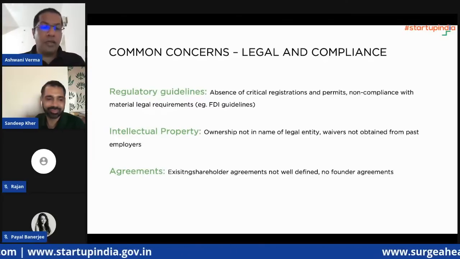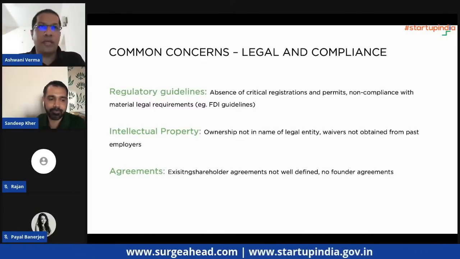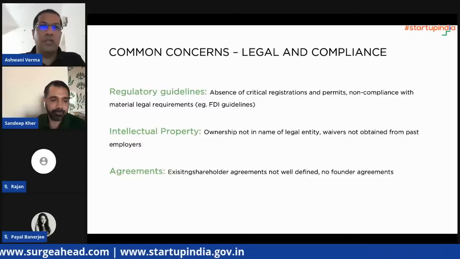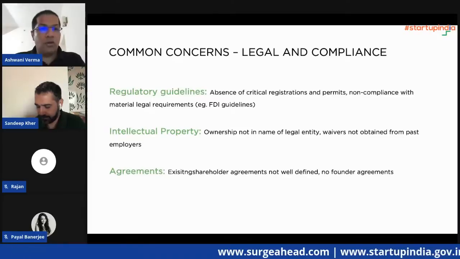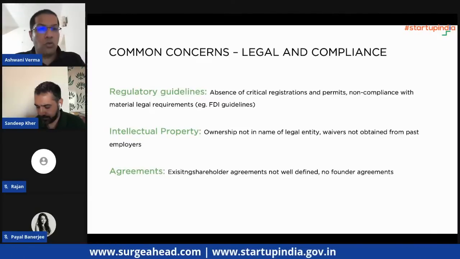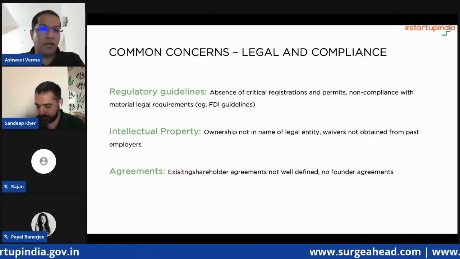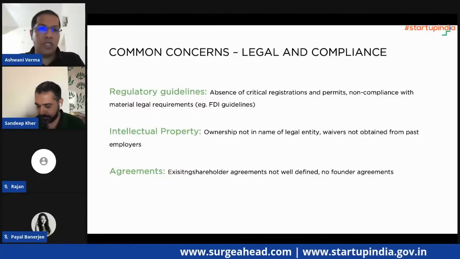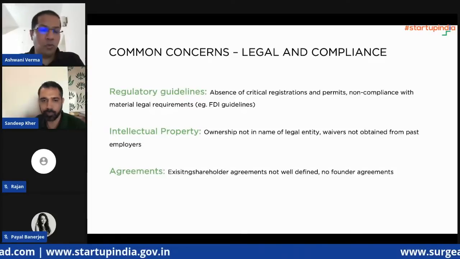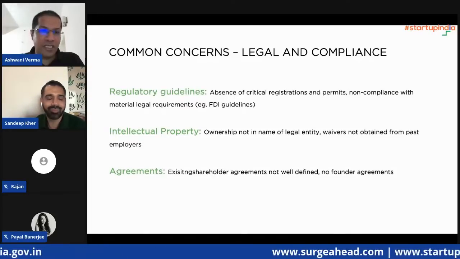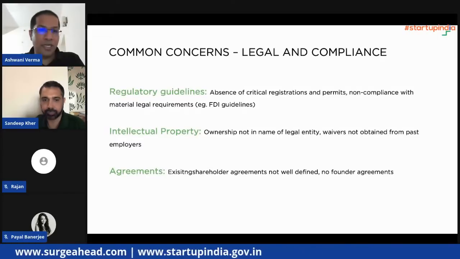Thank you, Sandeep. So, in terms of the legal and compliance areas at an early stage due diligence process, the first and foremost is the regulatory guidelines. A lot of companies which are proposing to or are already in regulatory sensitive sectors, be it insurance, fintech, or any other business which requires prior government consents, approvals, and in most cases the business operations are already started, while some of these approval processes are not completed.